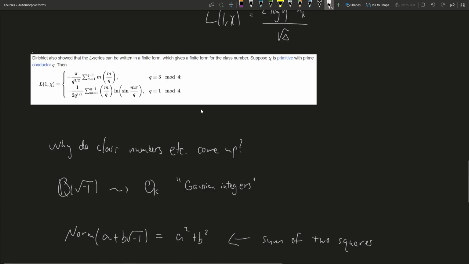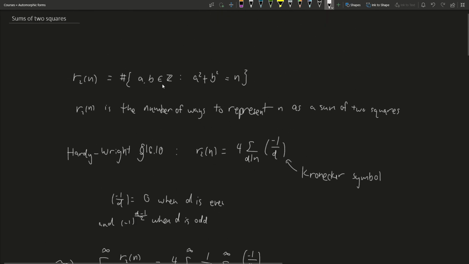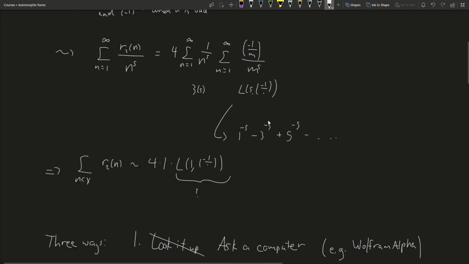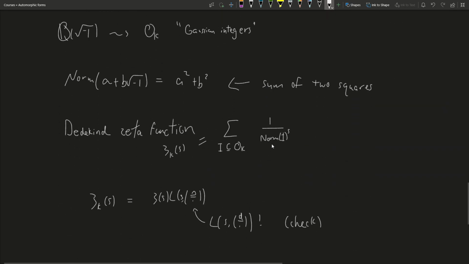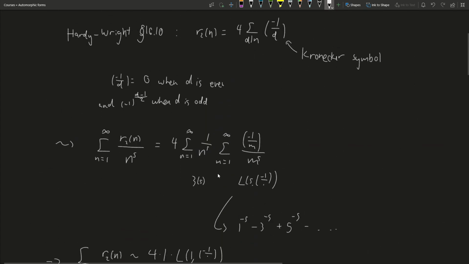So what we were looking at was the number of ways you can represent n as a sum of two squares. Here, when we're looking at ideals, there's this plus minus 1 ambiguity, so we get that factor of 4, and other than that, this is counting exactly what we want to count. And this factorization is exactly what we observed here, right?